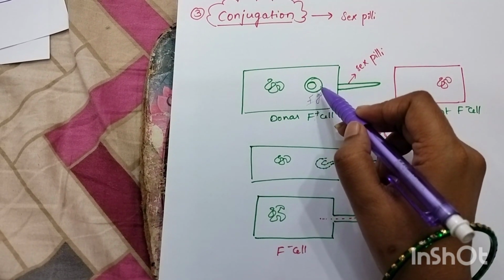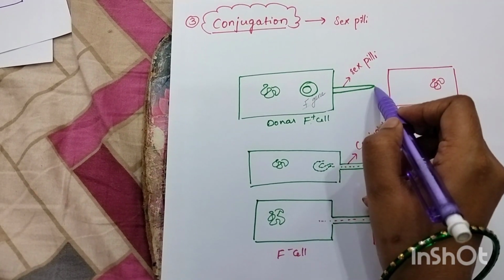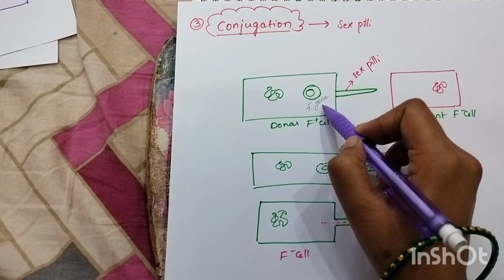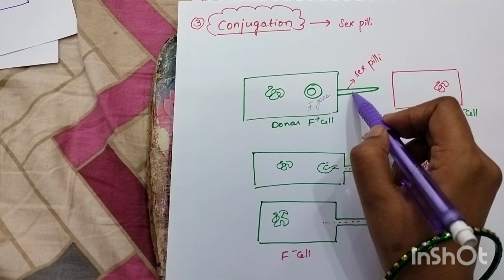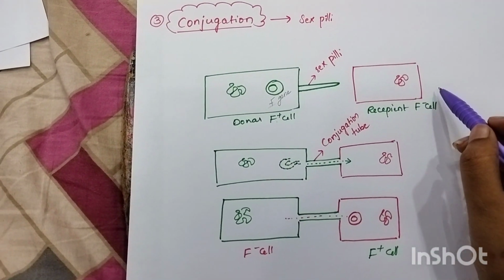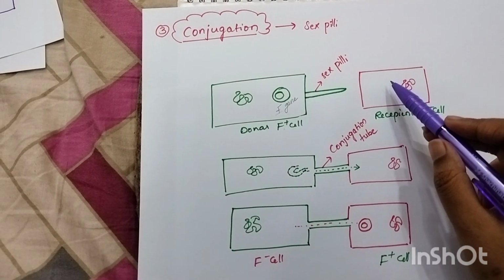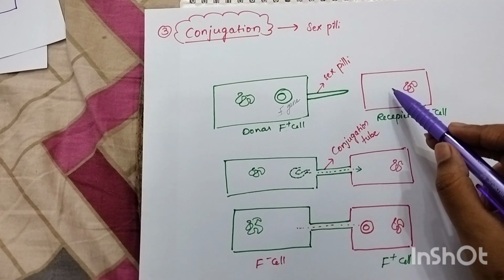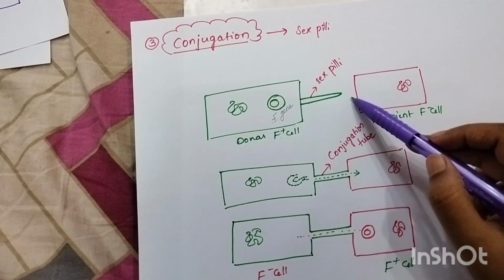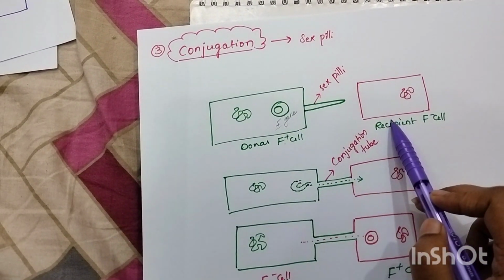Because of this gene present in the plasmid, they produce sex pili. But if the plasmid is absent, then the F gene won't be there. So if the F gene is absent, then sex pili won't form. The recipient cell is also called an F minus cell, because it lacks the plasmid. Since it lacks the plasmid, it can't have the F gene, and if there is no F gene, then it can't produce the sex pili. So this is the donor cell and this is the recipient cell.